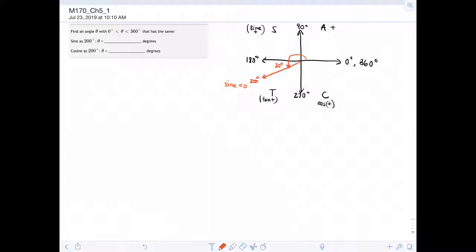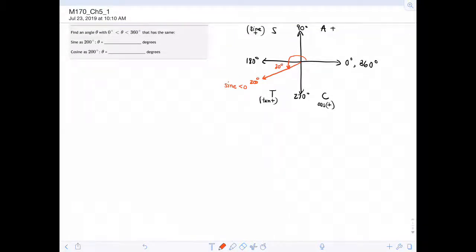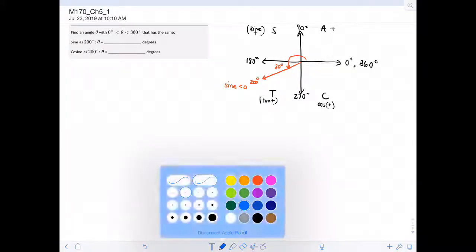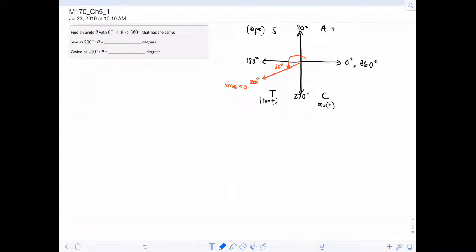Because if we choose the first or second, those are positive sine, and therefore it would not match where sine is negative. So the other side would be the fourth quadrant, right? So the fourth quadrant would mean that it would need also a reference angle of 20 degrees. So here we could see what angle this would be.